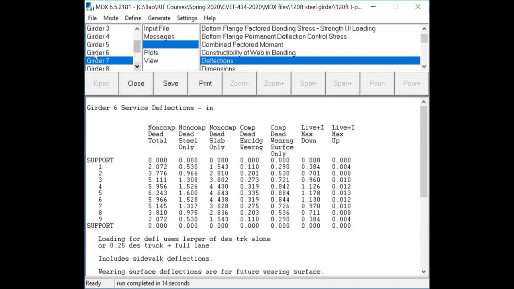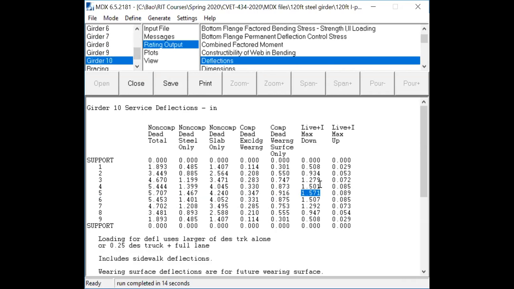It seems that for this bridge, the exterior girder governs. This is the 1.19 maximum level of deflection, and 9 is 1.298, and 10 is 1.571.